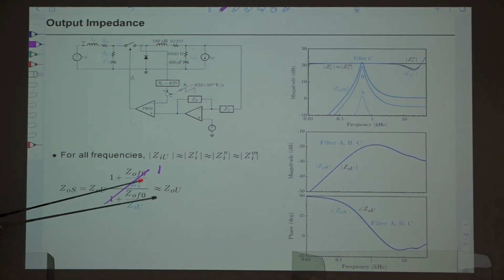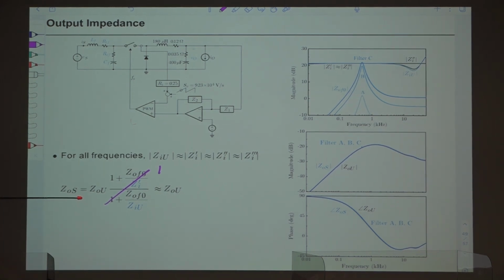Then the output impedance of the in-filter coupled converter is practically the same as the output impedance of the uncoupled converter. Why is this? Because of this cancellation.